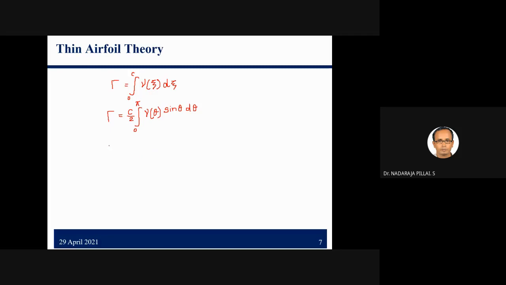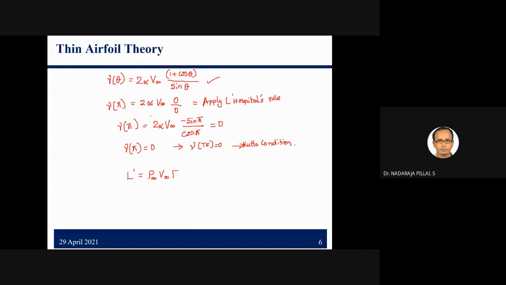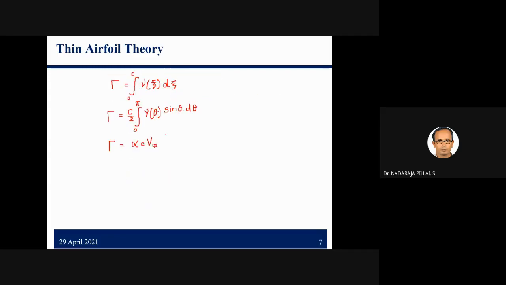Now gamma of theta can be applied here. Gamma of theta is equal to 2 alpha v infinity, so we can write c into v infinity. So I reduce this equation and write integral 0 to pi into 1 plus cos theta d theta.